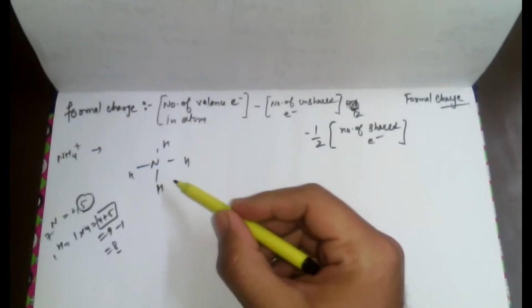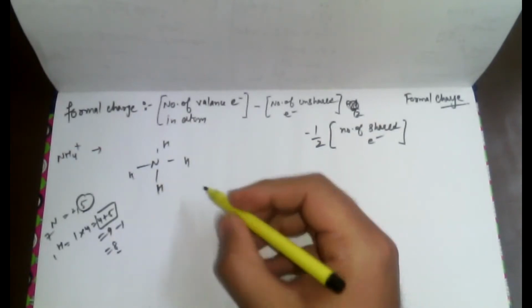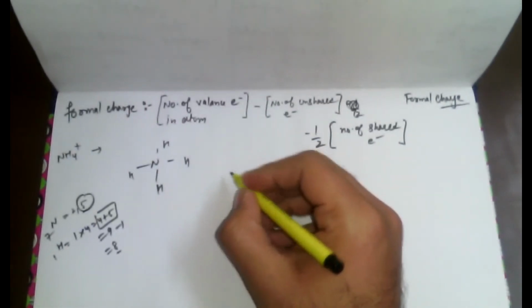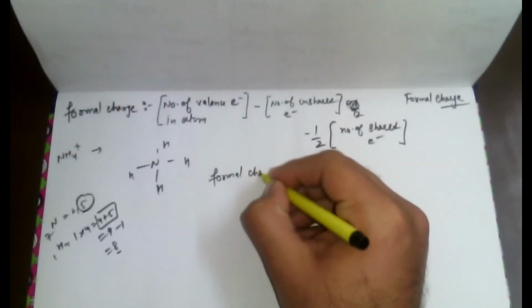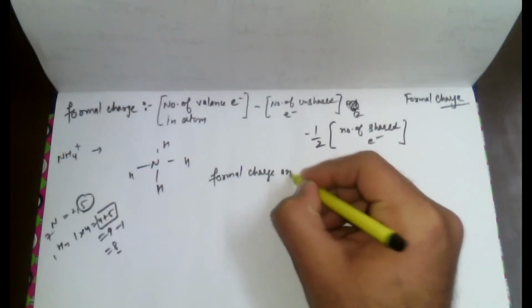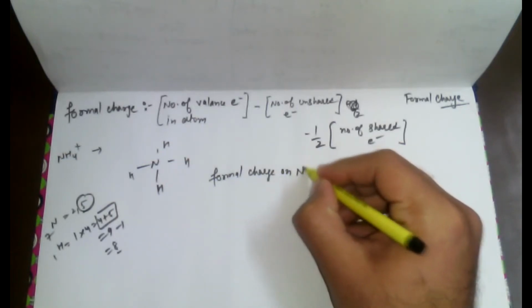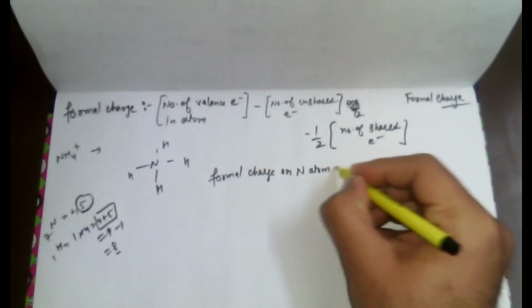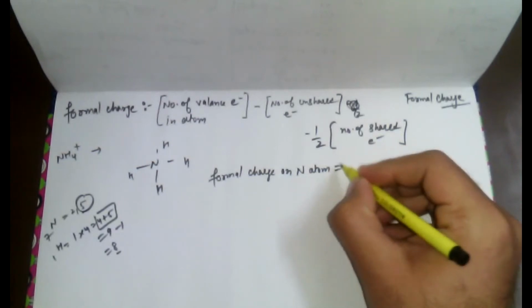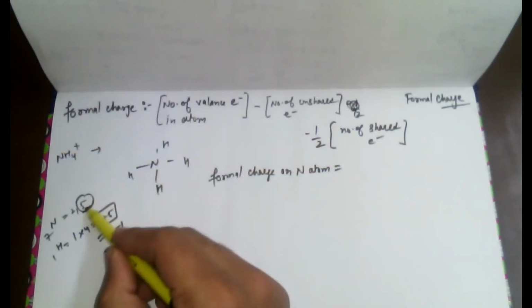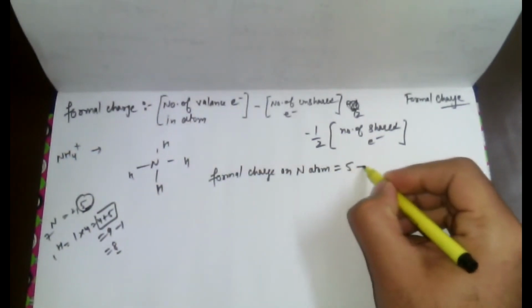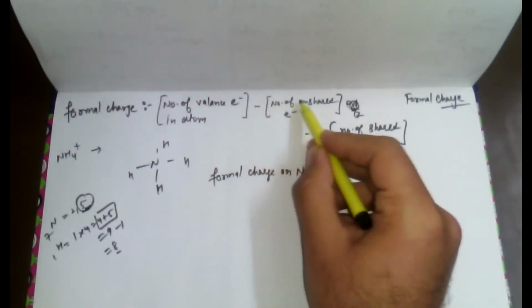Now, how to calculate the formal charge? Let's talk about the formal charge on the nitrogen atom. We will say the number of valence electrons in the atom is 5. So 5 minus the number of unshared electrons.